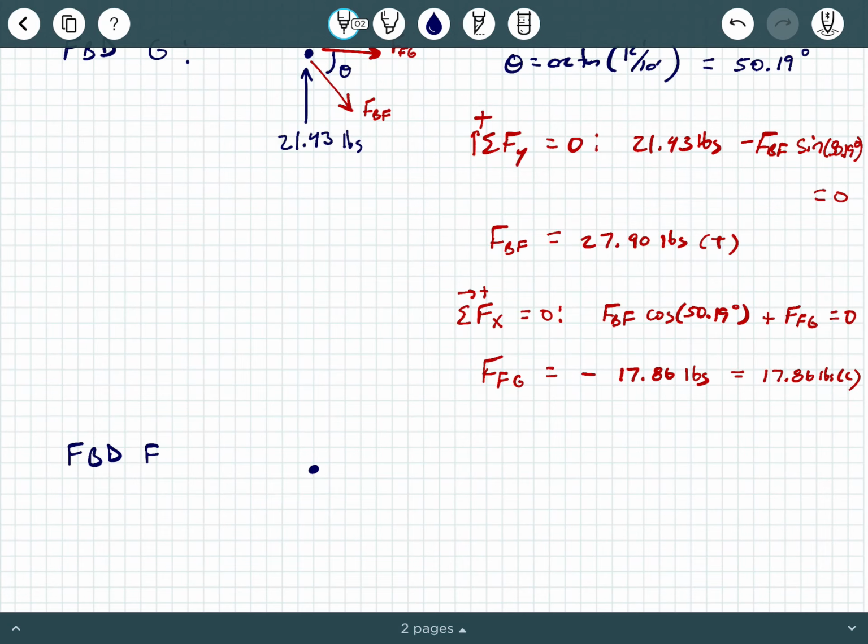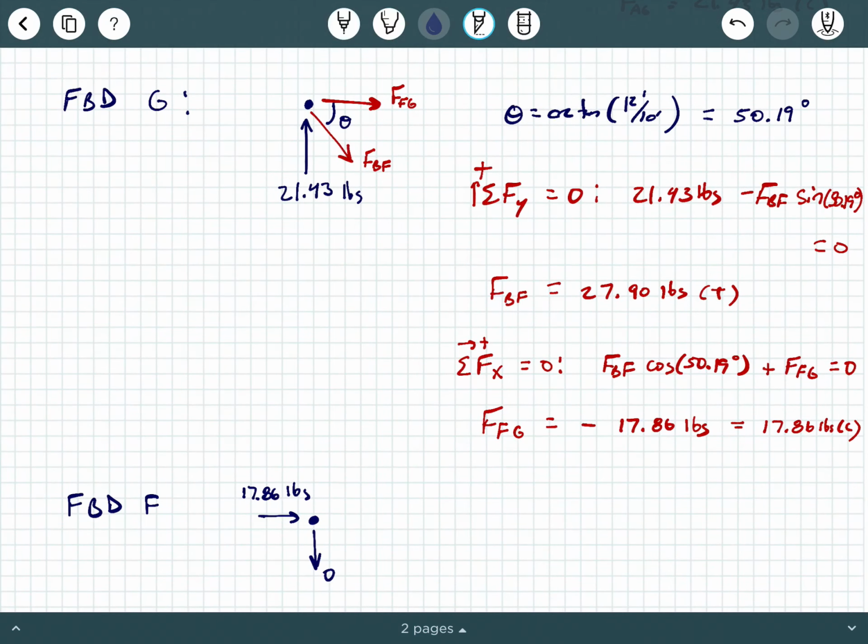FBD, joint F, and we know that this was a zero force member that was vertical here, and we got FFG as 17.86 pounds, and that was in compression. Remember, we calculated it.